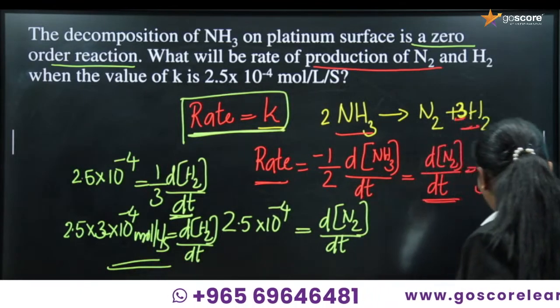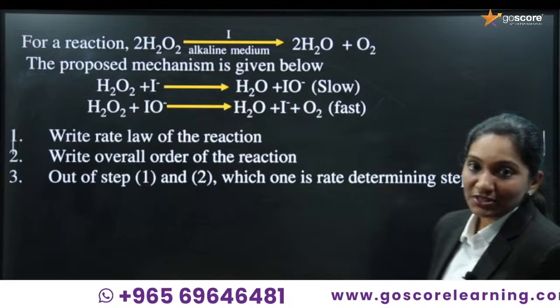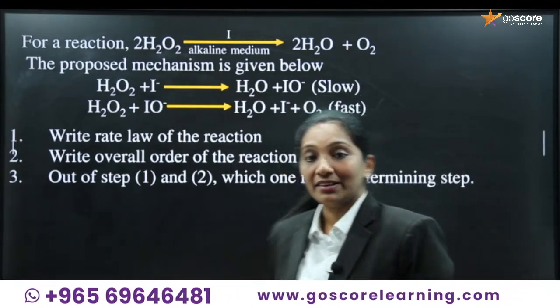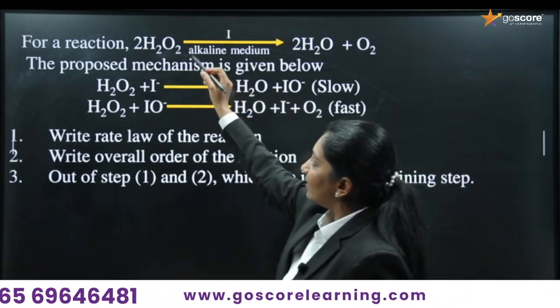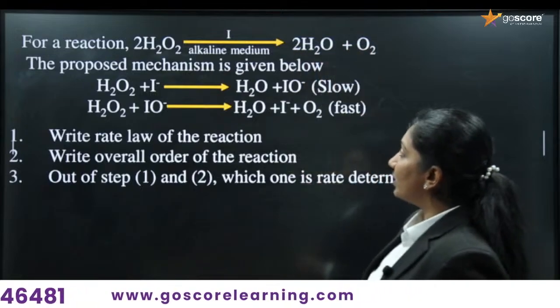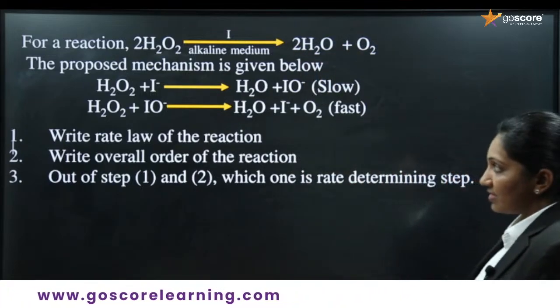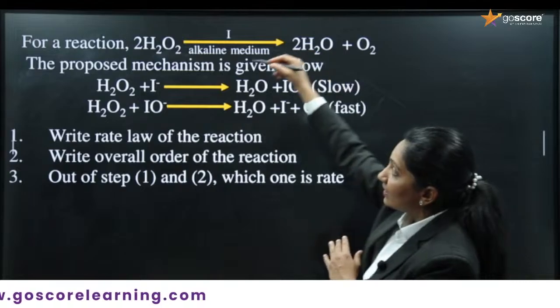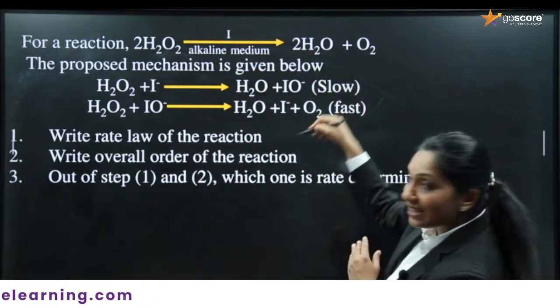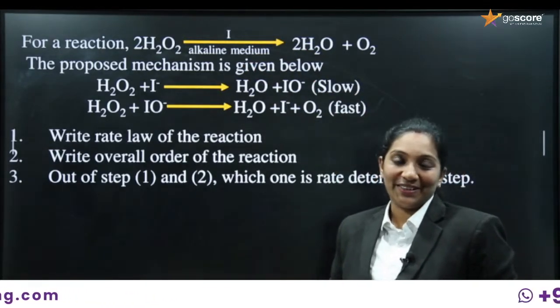Okay? Now see, one more question from this concept. That is, for a reaction, 2H2O2 giving 2 moles of water and oxygen. Here see, this reaction is taking place in 2 steps. Okay.